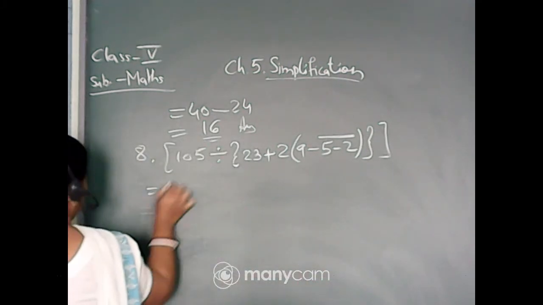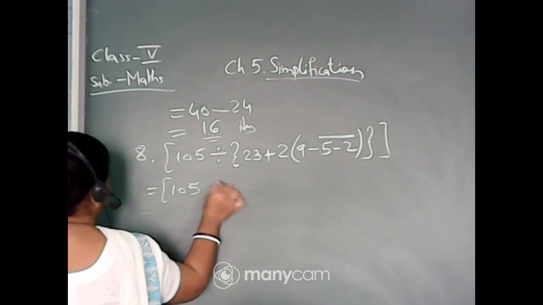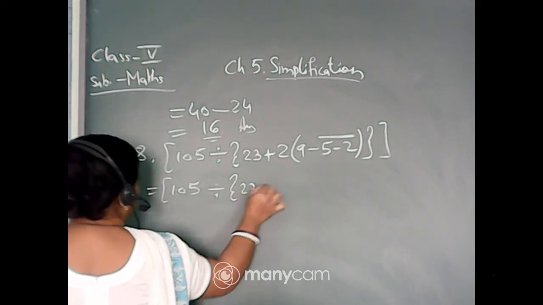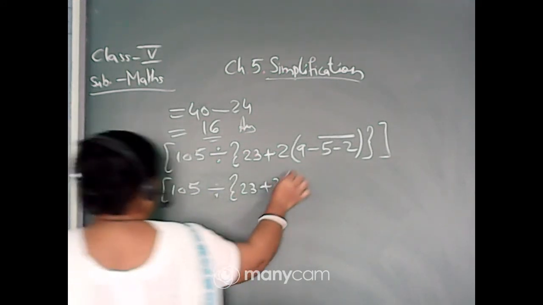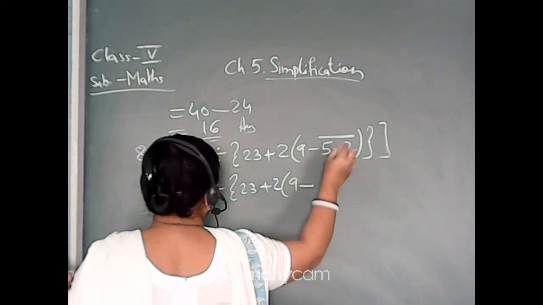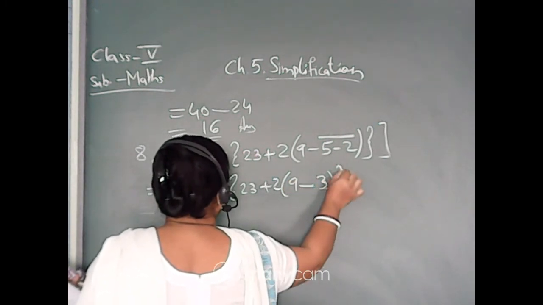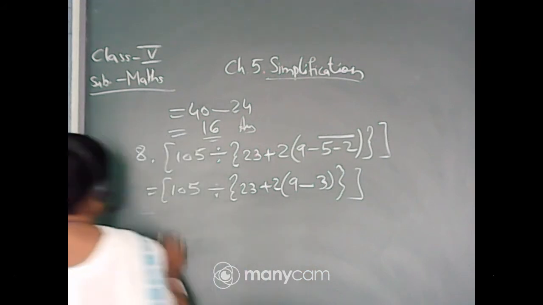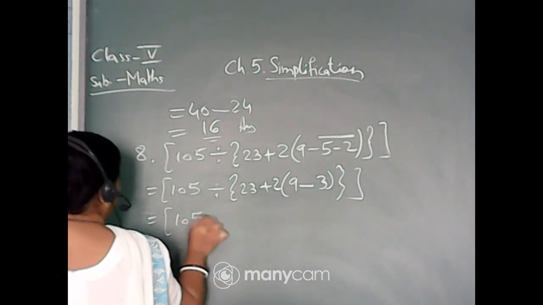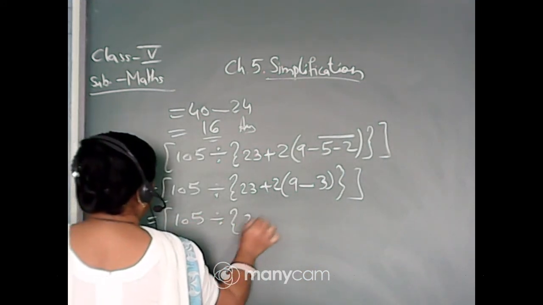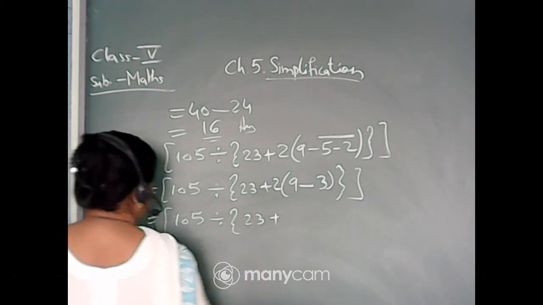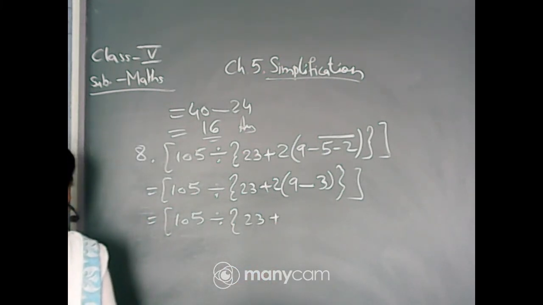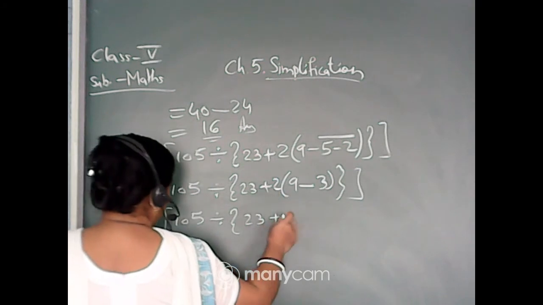So let us solve 105 divided by 23 plus 2. Now 9 minus 5 minus 2 is 3. Then all the brackets are closed. 105 divided by 23 plus, now 9 minus 3, 6. So 6 2s are 12.